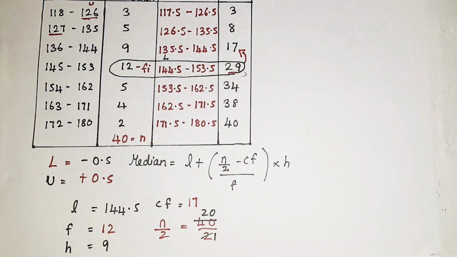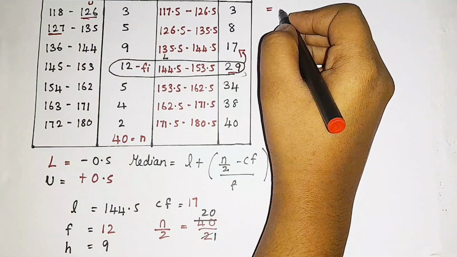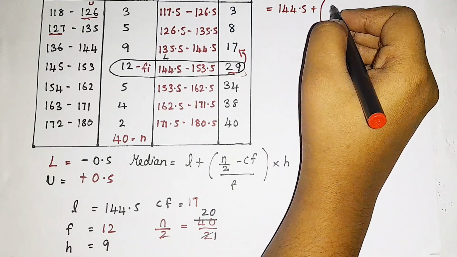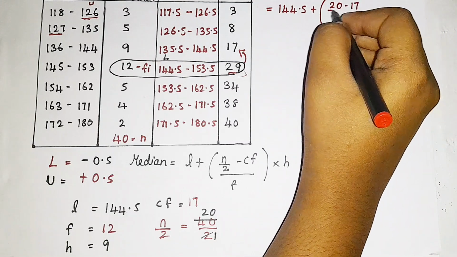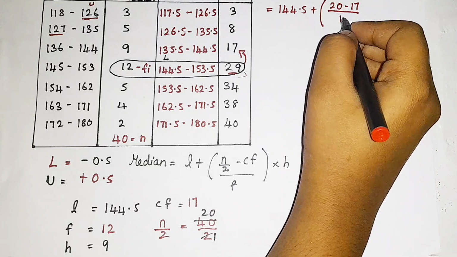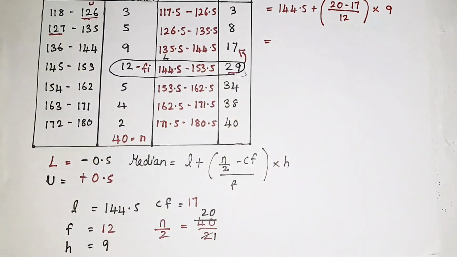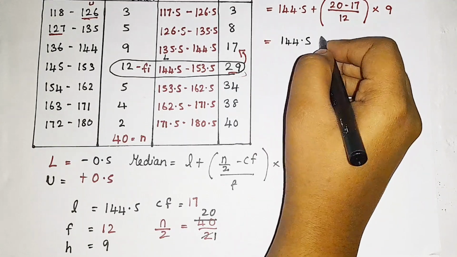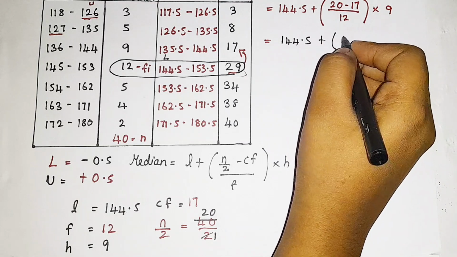Okay, so now we got all the values, so now we can actually apply these values in the formula. Okay, so let us apply it. Is equal to, so the L value is 144.5 and then plus bracket, N by 2 value is 20 minus CF value is 17 and divided by F value is 12, close the bracket, into H value is 9 is equal to 144.5 as it is, and then plus 20 minus 17 is 3, isn't it?